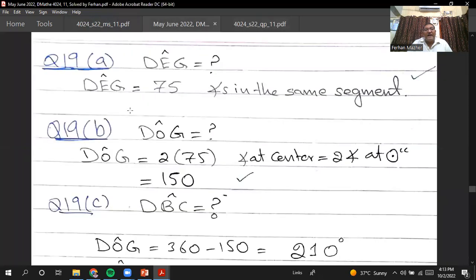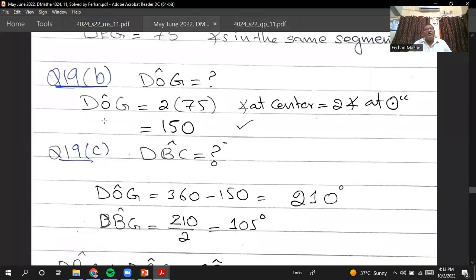So very easy, and you can write here the DOG is the question. The DOG will be equal to 2 times 75. The reason is angle at the center is 2 times angle at the circumference. So 2 multiply 75, and that will be 150. So that's question number 19.